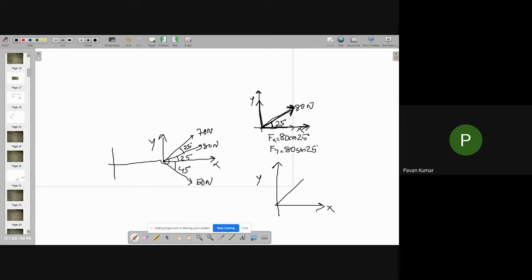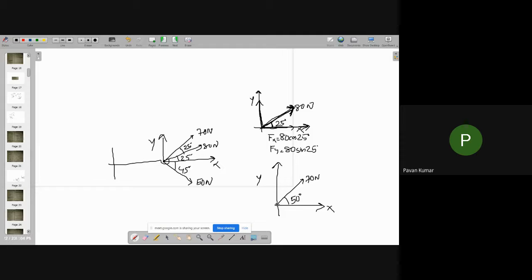The 70 Newton is here. So the total angle will be 25 plus 25, so it makes an angle 50 degree with the x-axis.